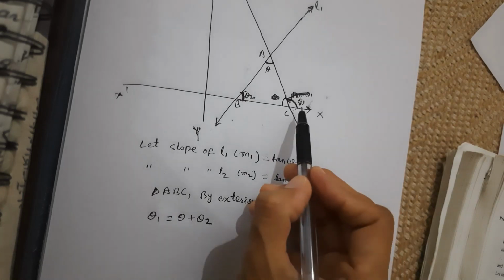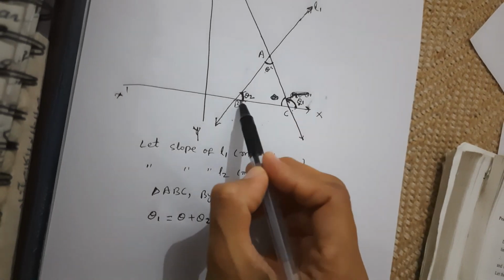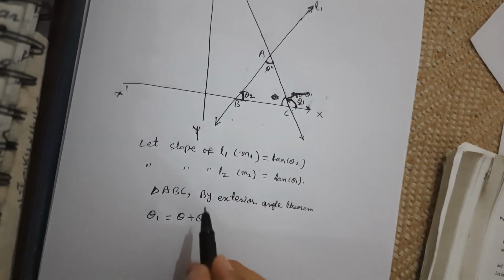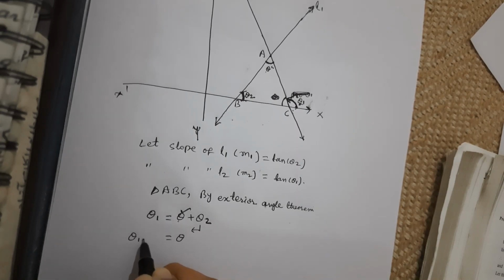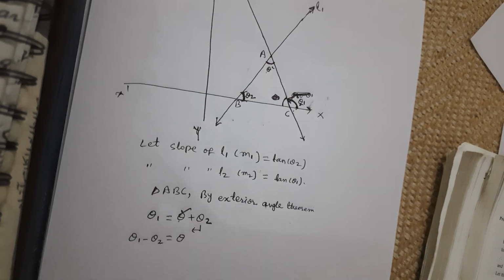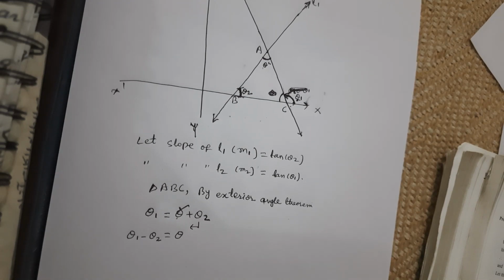Okay, right? This theta 1 will equal theta plus theta 2, and our target is finding this angle theta. So theta will equal, taking theta 2 to this side, theta 1 minus theta 2. I am just writing it in a proper way so that you will understand it.